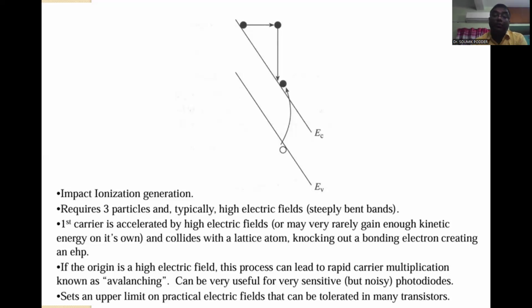EHP stands for electron-hole pair. If the origin is a high electric field, this process can lead to rapid carrier multiplication, also known as avalanching. It can be useful to fabricate avalanche-type photodiodes. It has an upper limit set on the practical electric field.